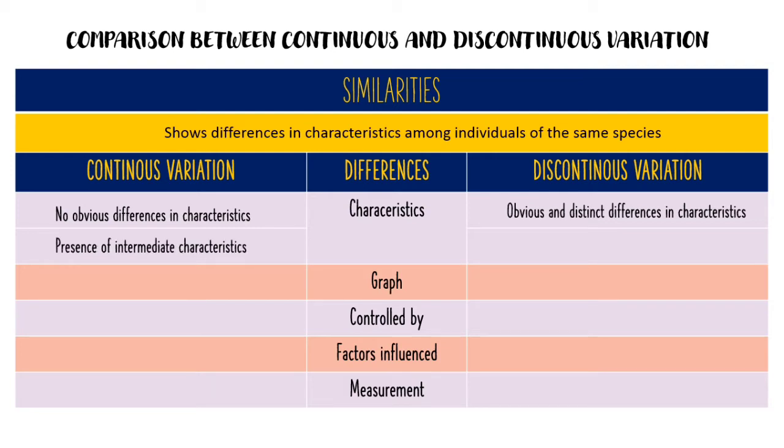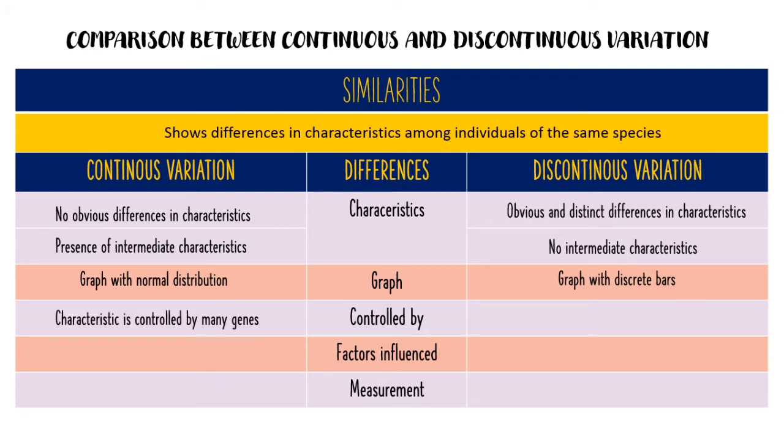In continuous variation, there is presence of intermediate characteristic, while there is no intermediate characteristic in discontinuous variation. When we plot a graph, continuous variation will show normal distribution, while discontinuous variation will show discrete bars or a bar chart.